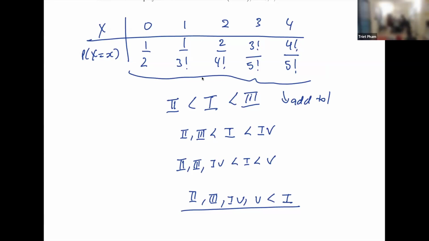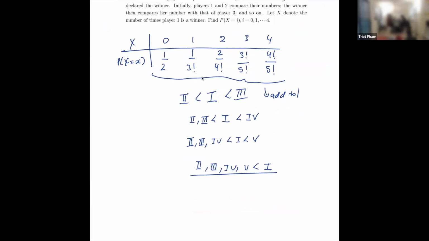So let's see. So we have 1/2 plus 1/6. So 2 over 4 factorial is, well, 1 over 12. And 3 factorial over 5 factorial is 4 5, so 1 over 20. And 4 factorial over 5 factorial actually is 1/5.